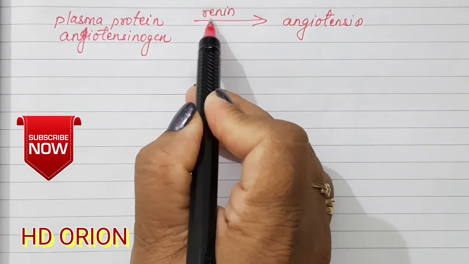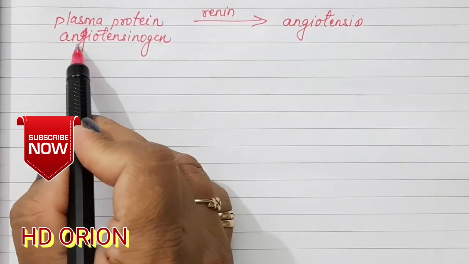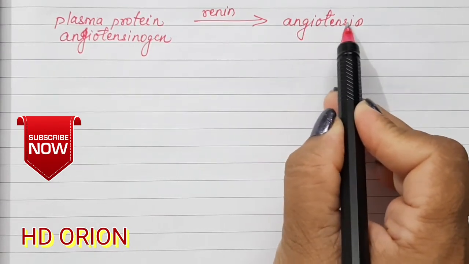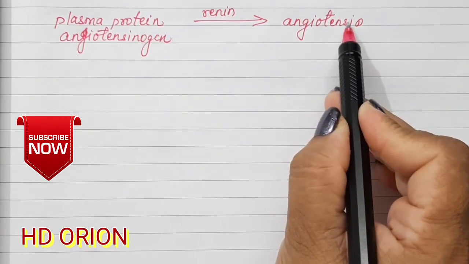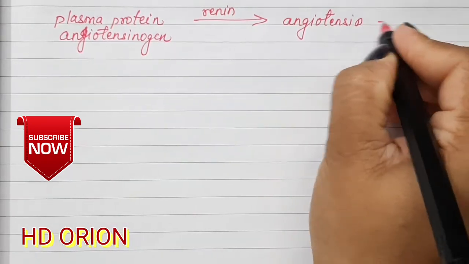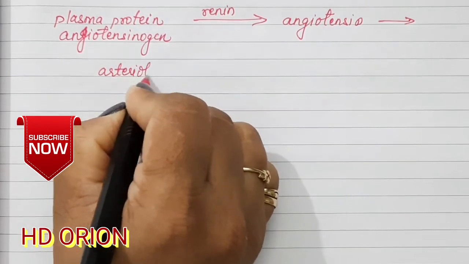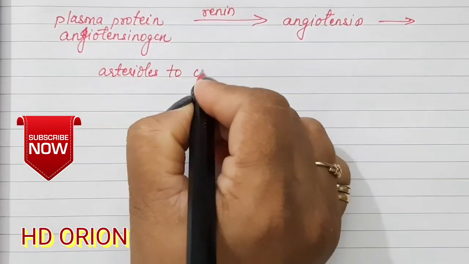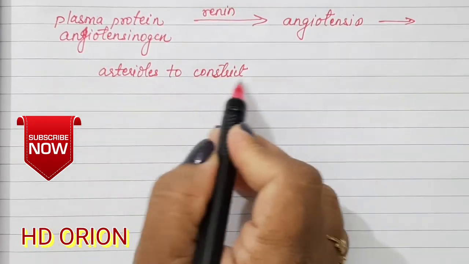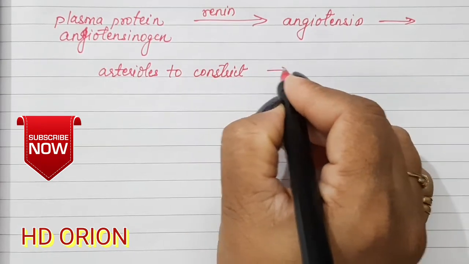And as soon as angiotensin is formed, the blood pressure is increased because it causes the arterioles to constrict. So when the arterioles constrict, the blood pressure increases.